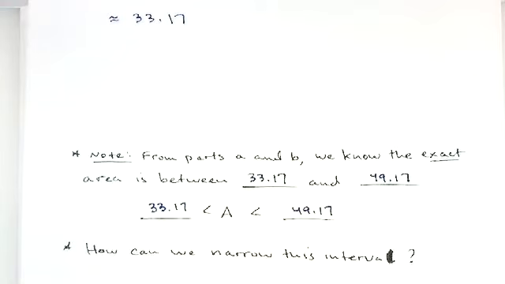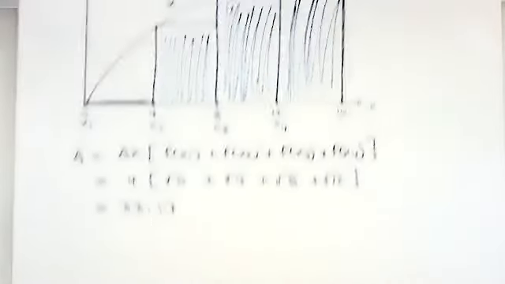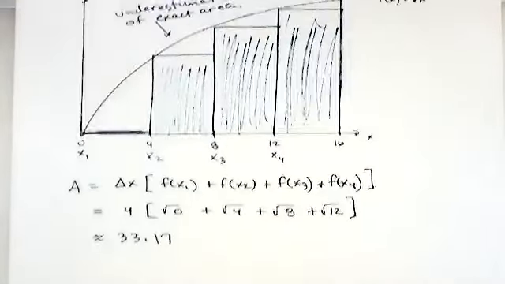And I have 2 answers to that. One of them would be to use more rectangles. If I use more rectangles and they get narrower and narrower, I'm going to get a more precise answer.